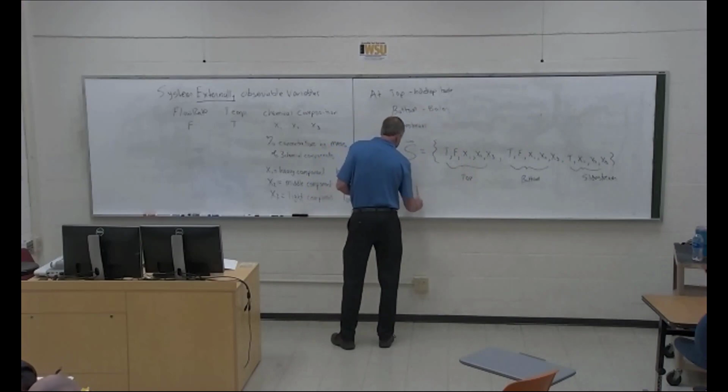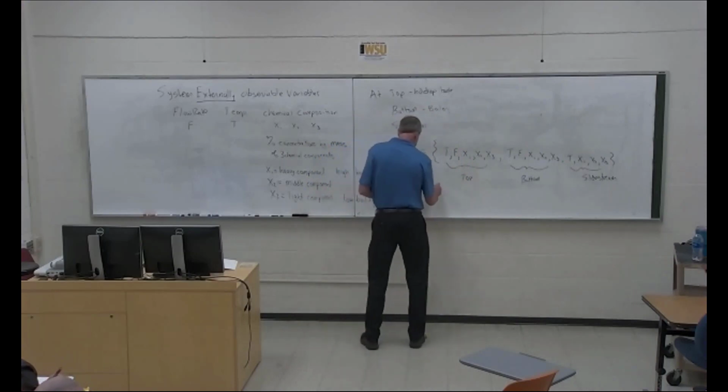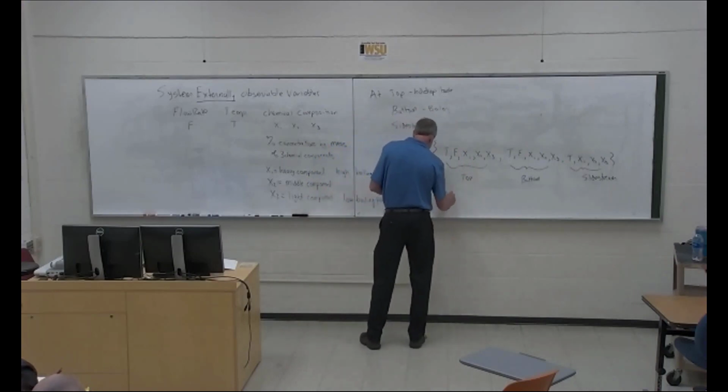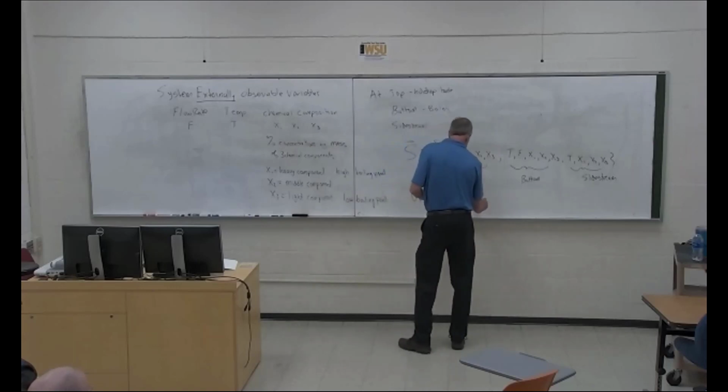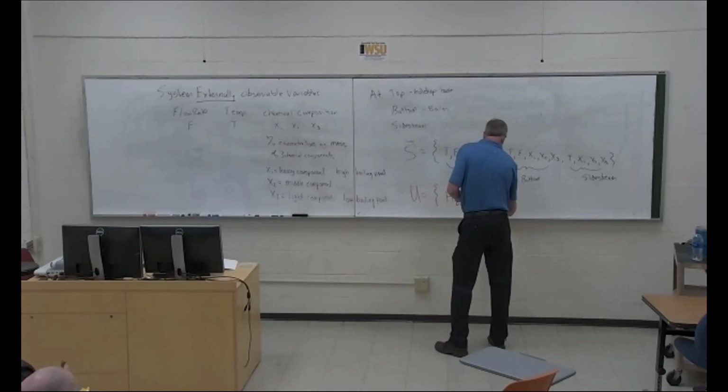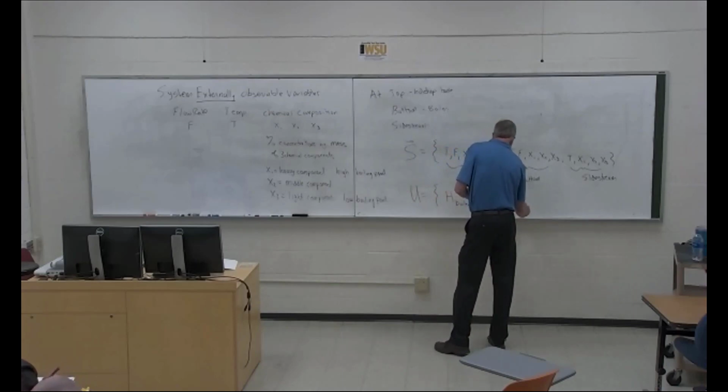Then the control variables are the heat in the boiler, the temperature at the condenser, and the feed rate.